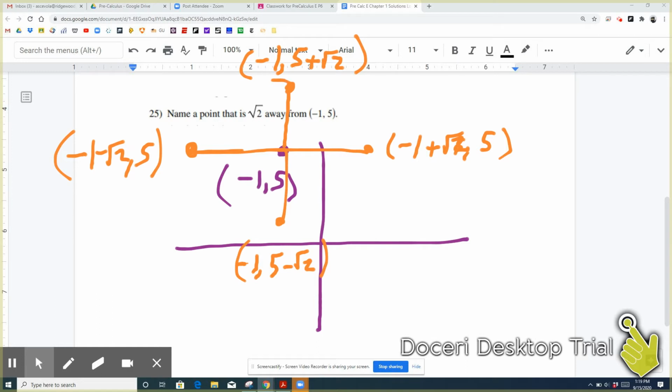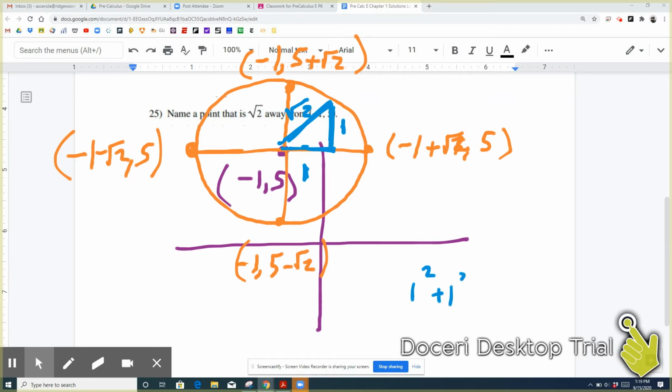But I might ask you to find points that have nice round numbers. You could think of the Pythagorean theorem as another way, and I'll show you a third way. If we move 1 to the right and then 1 up, this distance is going to be root 2, because 1 squared plus 1 squared is equal to root 2 squared. They're both equal to 2.